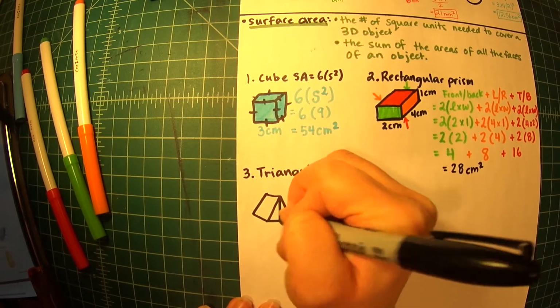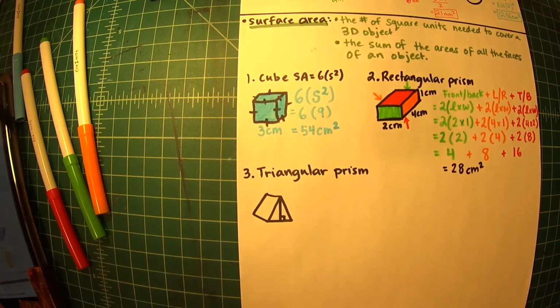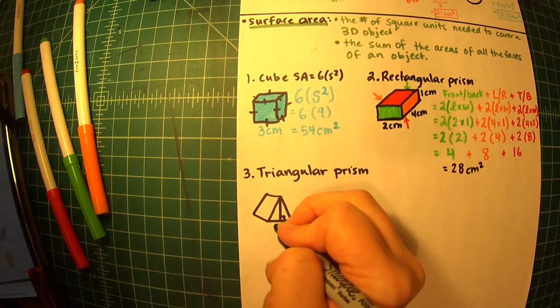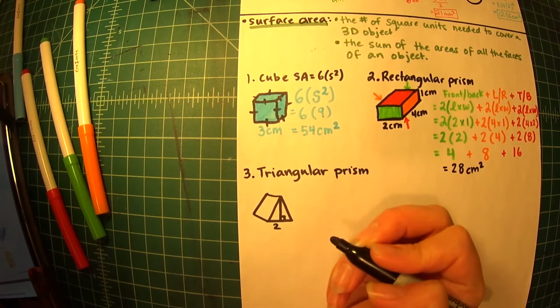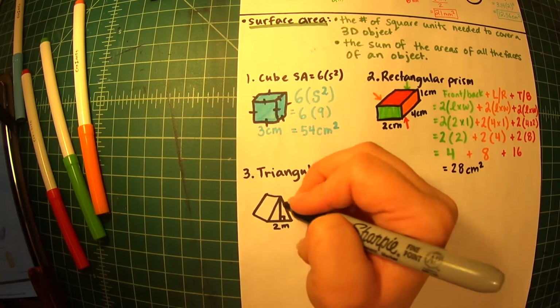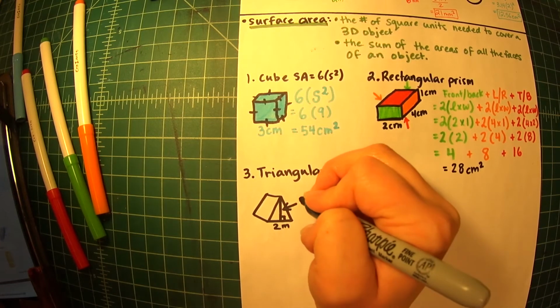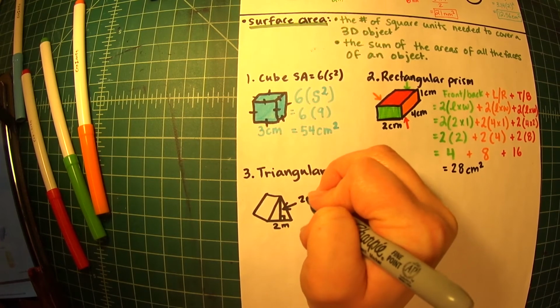And remember, the height always has to be measured straight up 90 degrees from the base of the triangle. Oh, and here's the measurements it gives me. So it tells me that the base of this triangular face is 2 meters. It tells me that the height of the triangular face is also 2 meters.